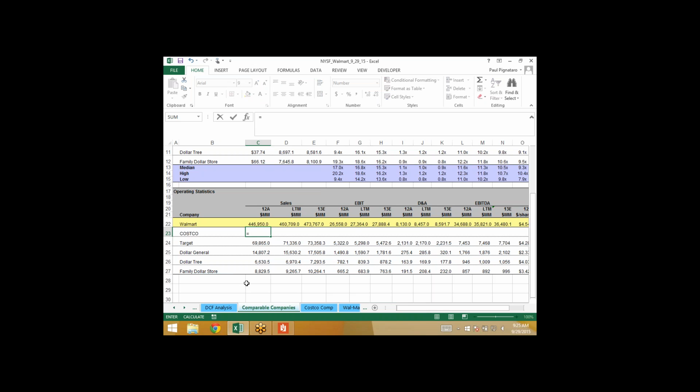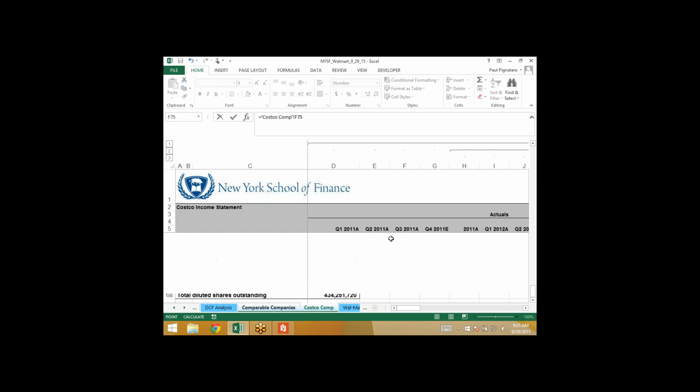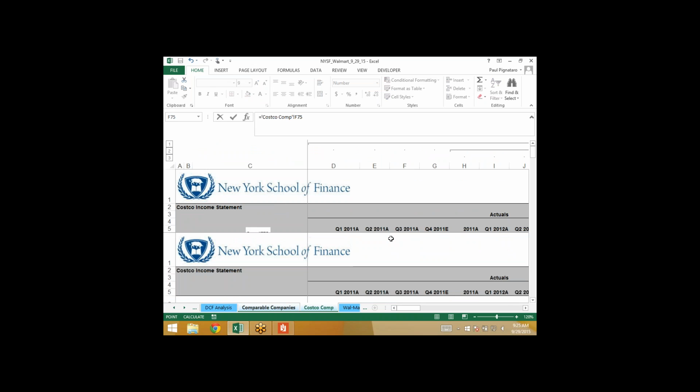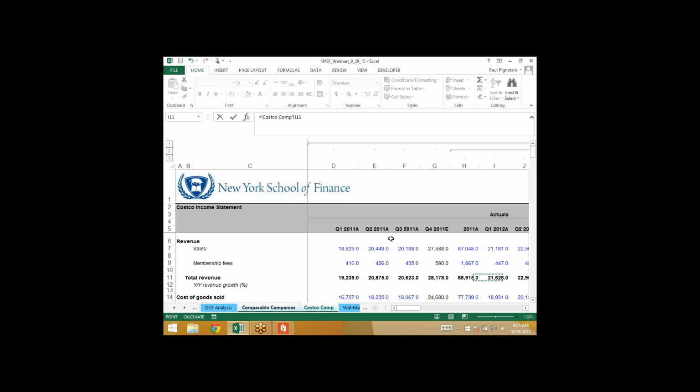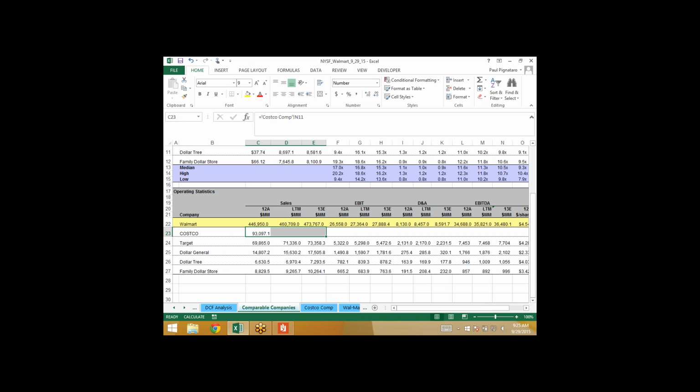So we're going to pull in Costco's revenue, which comes from the top. Adjusted 93,097.1, and we could just copy to the right twice because the right two columns contain LTM and 2013. And you can do the same for EBIT, D&A, and EBITDA.